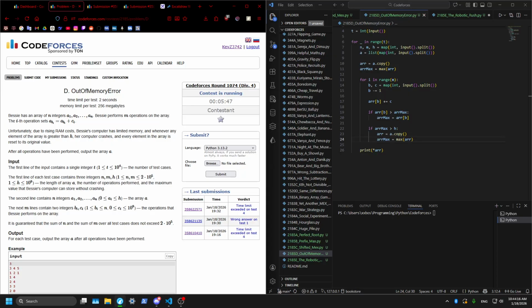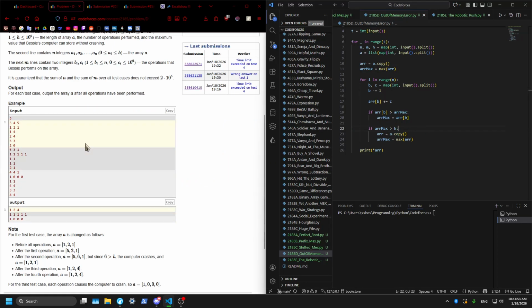Each reset is O of N. So our worst case is O of MN. So instead of that, we actually don't care about the entire array.